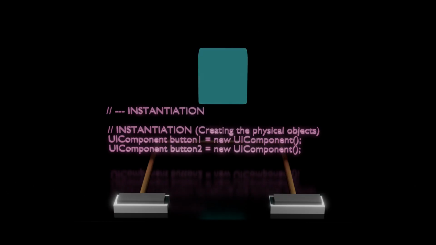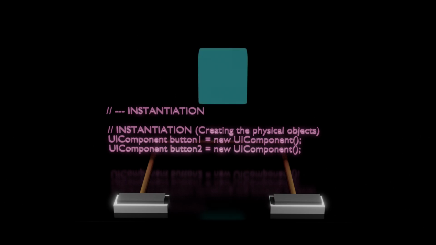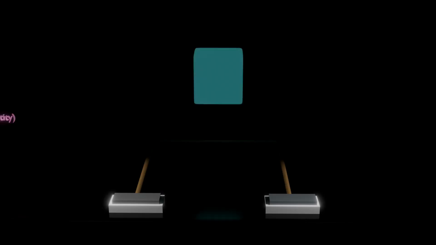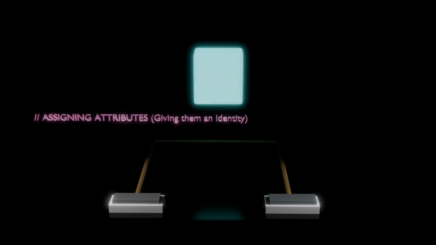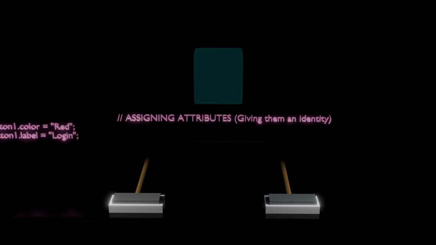Having been created from the same base blueprint, our two buttons are currently identical clones, but in a real app, every button has a different purpose. We need to give them an identity. To do this, we use attributes, which we often call variables.